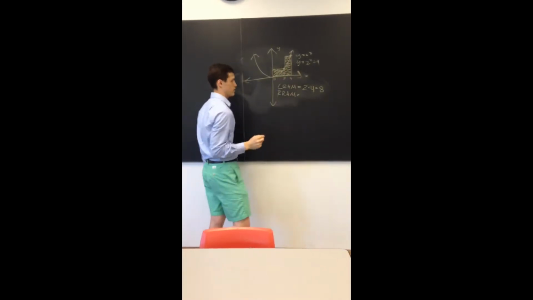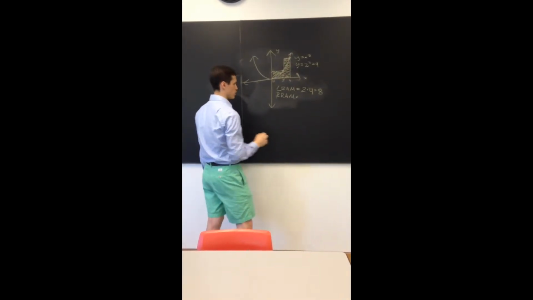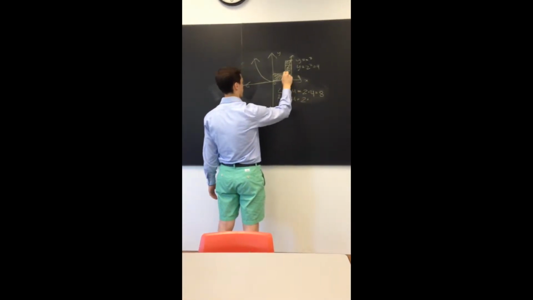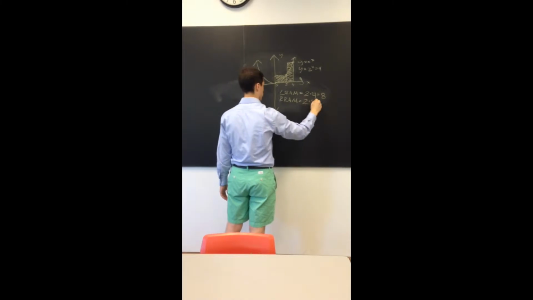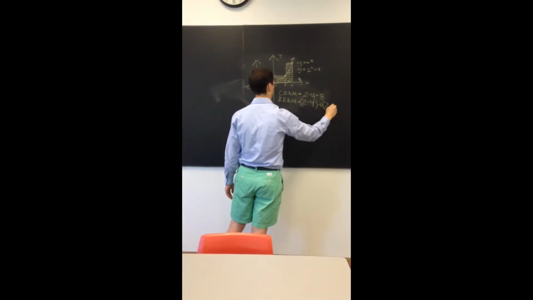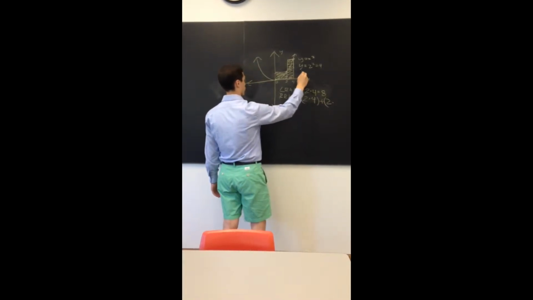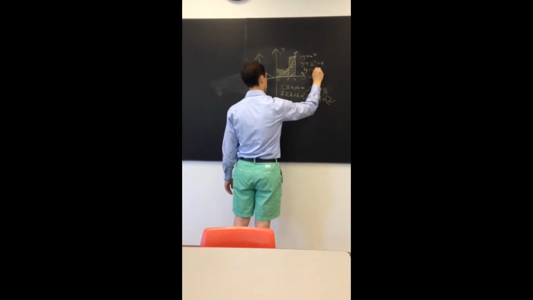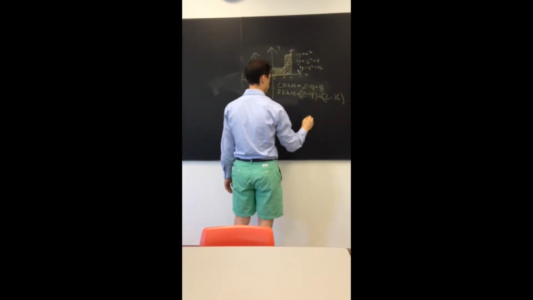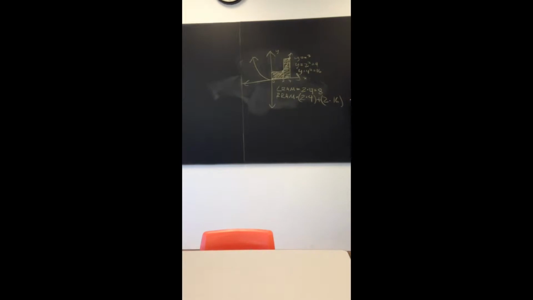So it would be the height times the change in x, which is 2. So you're going to have 2 times the height here, which is 4, plus 2 times the height of y equals 4 squared, which is equal to 16. And you can also simplify that to be 2 times 4 plus 16, which is going to be equal to 40.